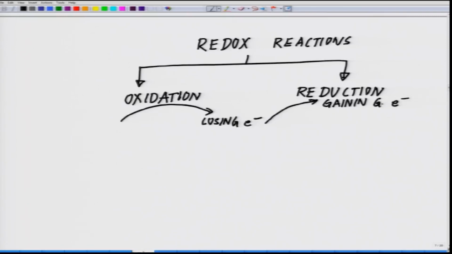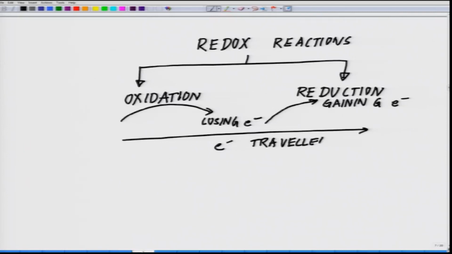In that process the electron traveled, and the traveling of electron could be tapped, or can also be considered as flow of electron.